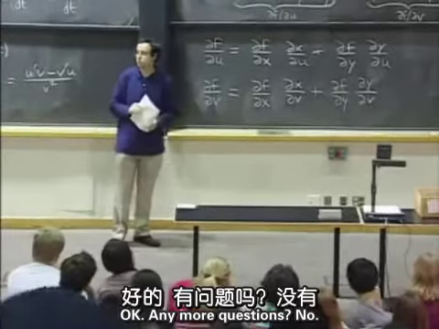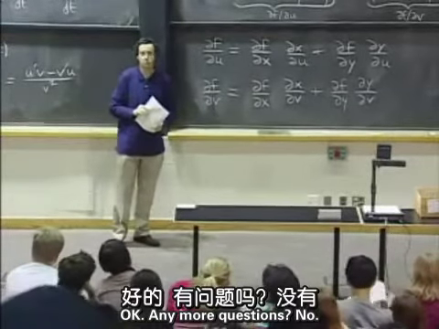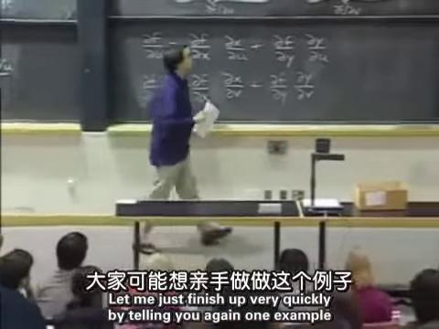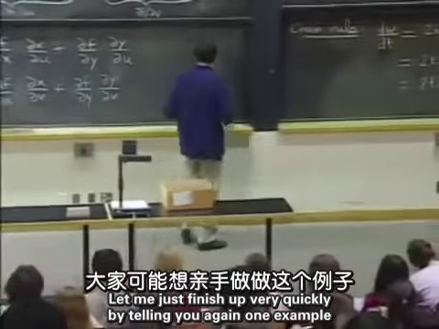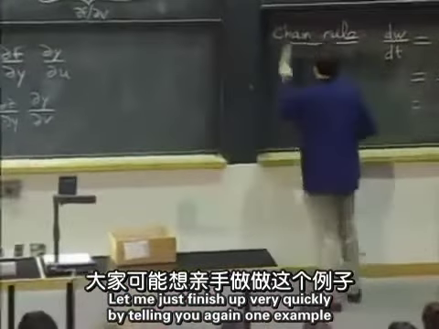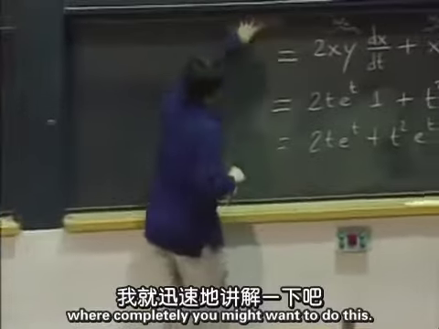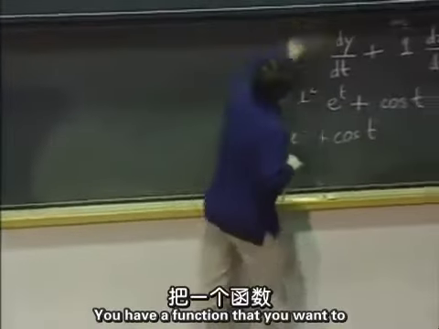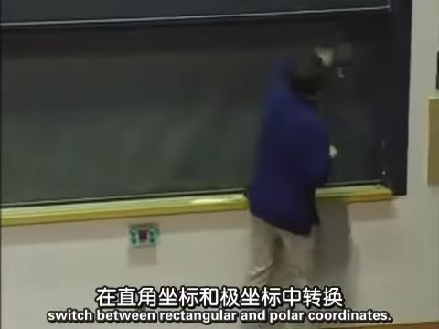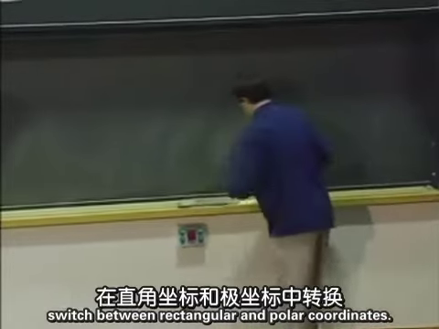Any more questions? No? Okay, so let me just finish very quickly by telling you again one example where concretely you might want to do this: you have a function that you want to switch between rectangular and polar coordinates.